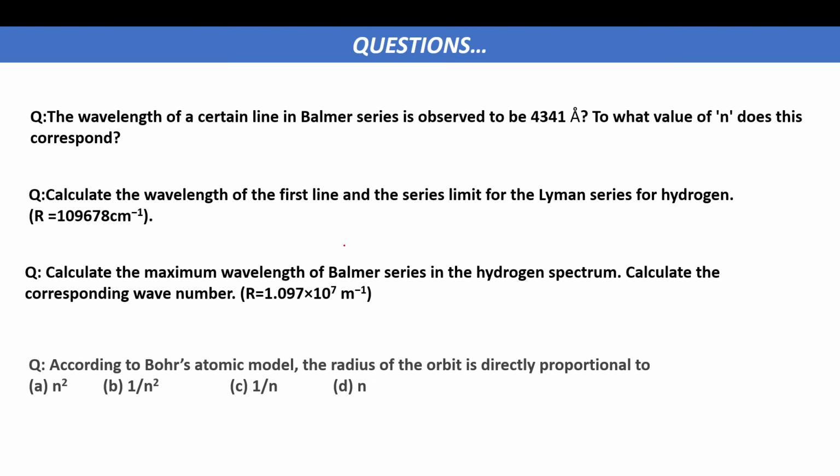Next, the wavelength of a certain line in Balmer series is observed to be 4341 angstrom. To what value of n does it correspond?